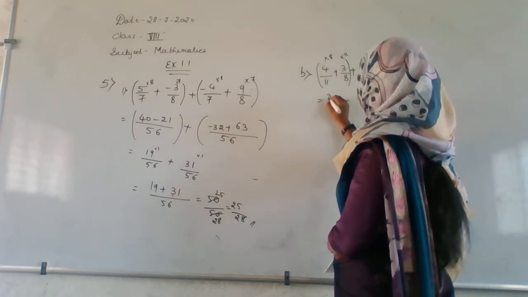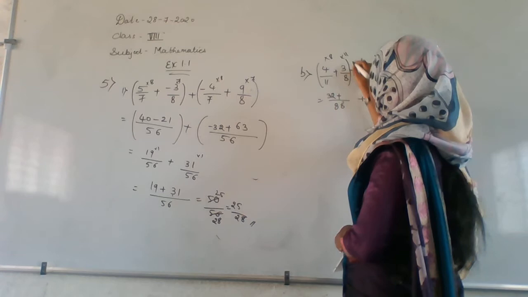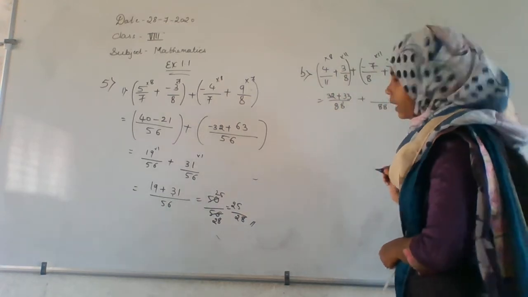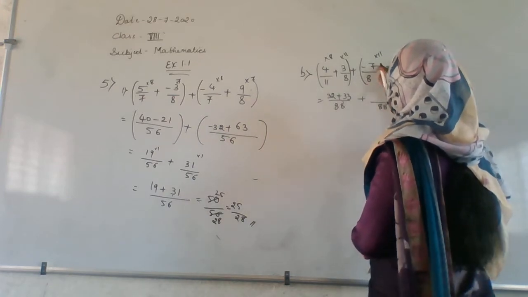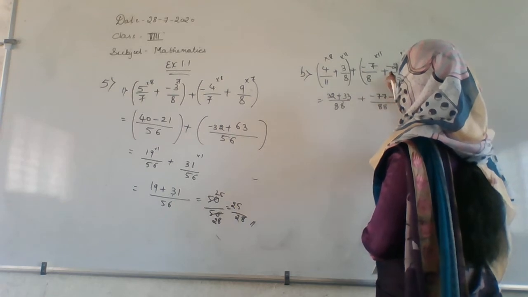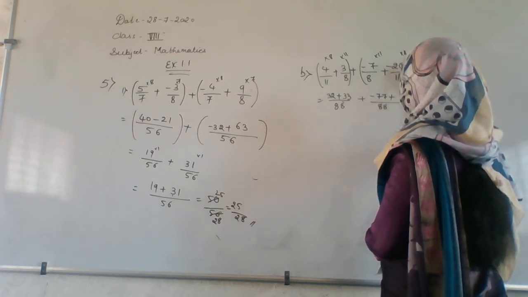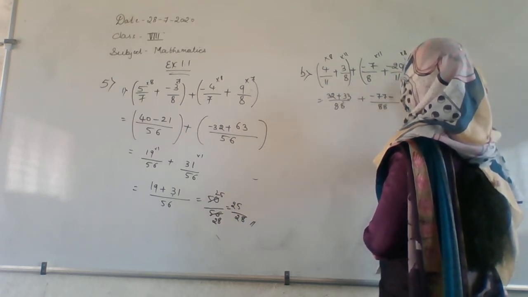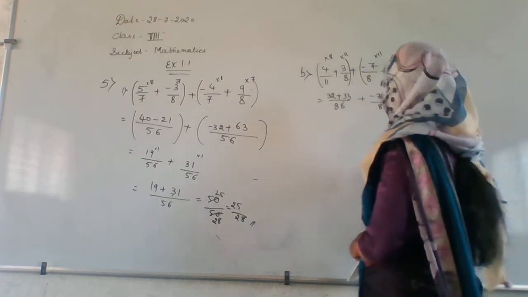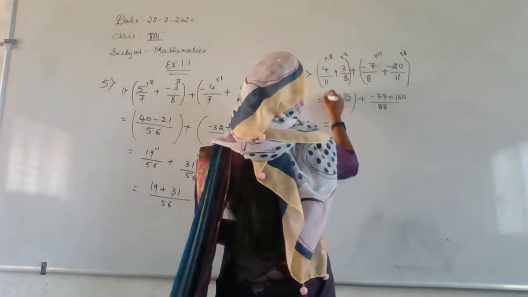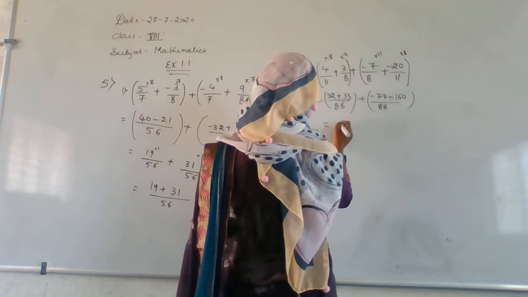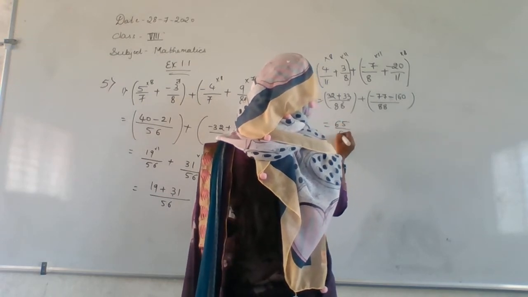8 4s are 32 plus 11 3s are 33, right? And next, 7 11s are 77, so minus 77, plus into minus, and 8 20s are 160, right? Now 32 plus 33 will be 65 divided by 88.